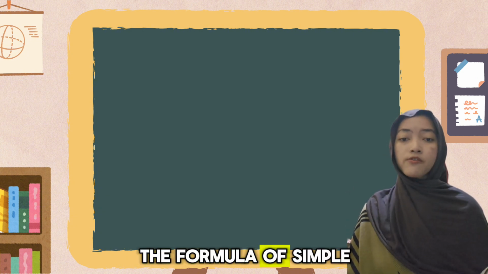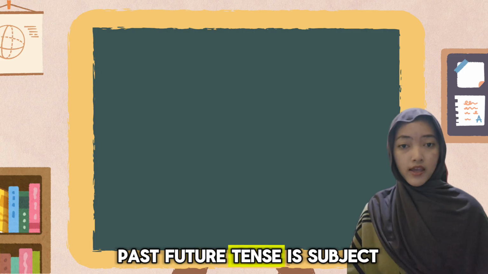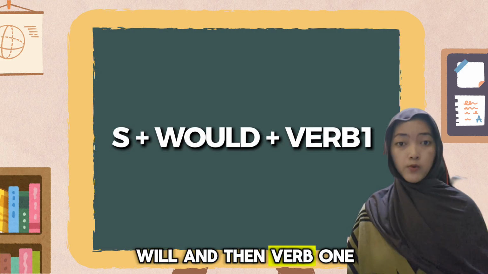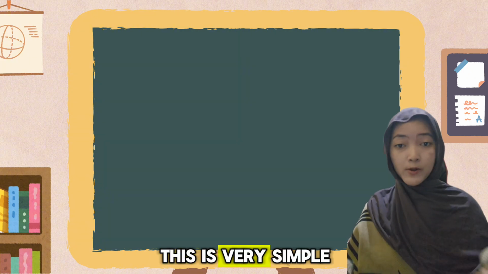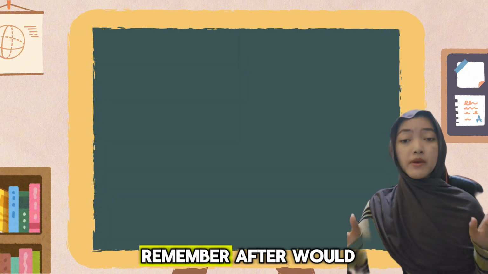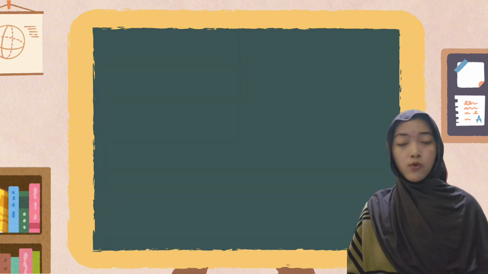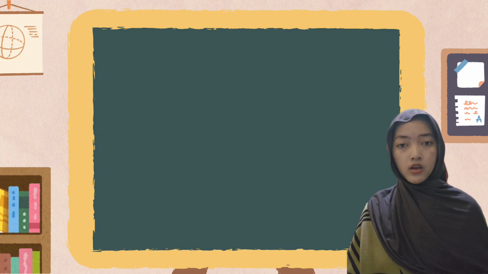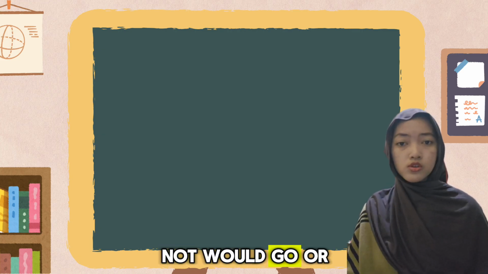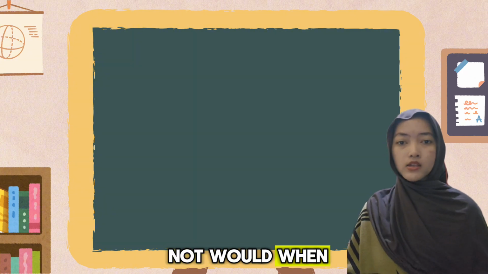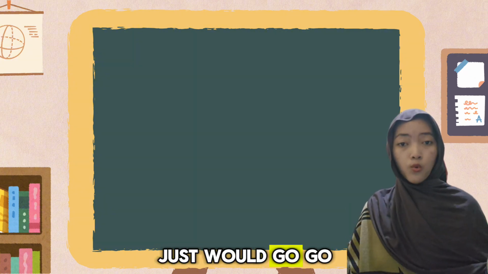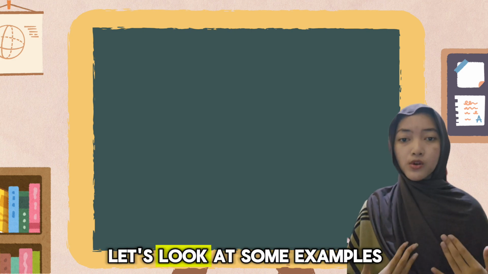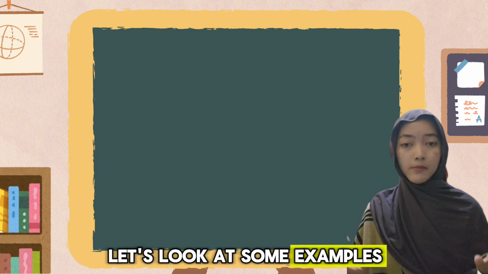The formula of simple past future tense is subject, would, and then verb 1. This is very simple, but you need to remember after would, we always use the base form of the verb. Not would goes or would went, just would go. Let's look at some examples.